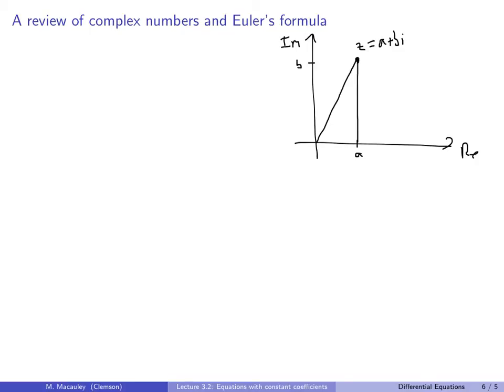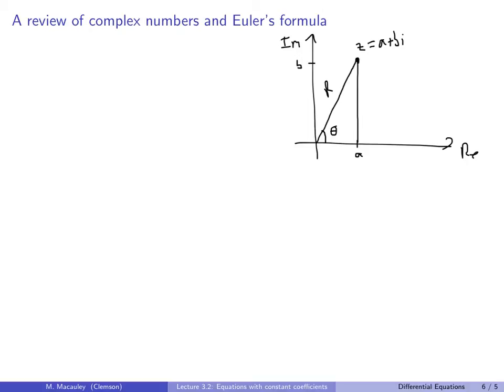So this is the real part and this is the imaginary part. Well, we can also write it in polar coordinates. Instead of these two parameters a and b that we use to represent it, it's also determined by theta and the radius r. This is called polar form.